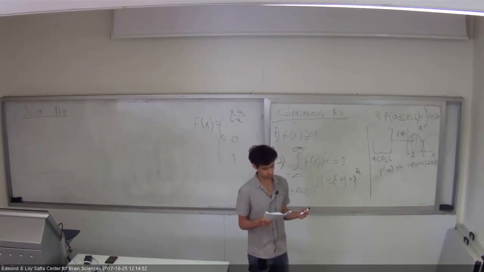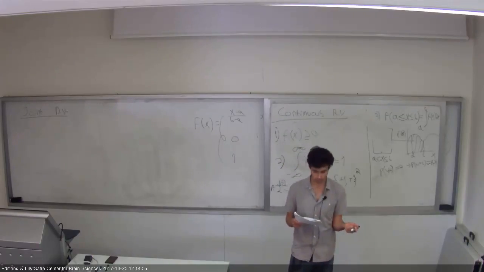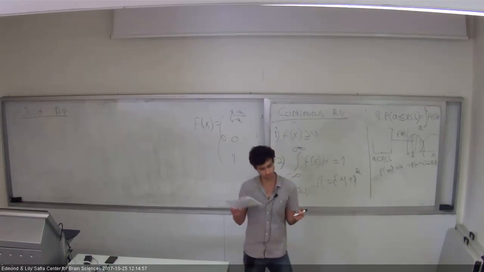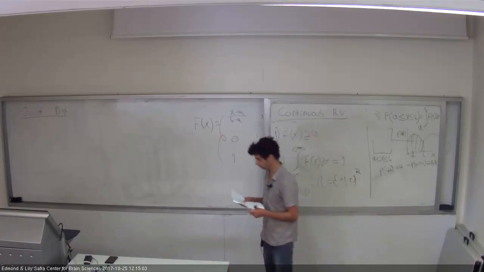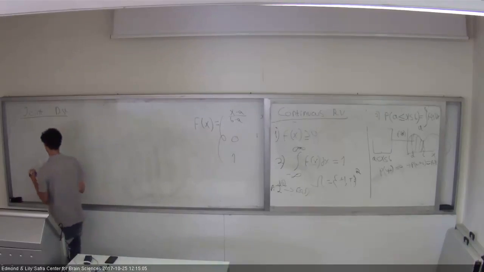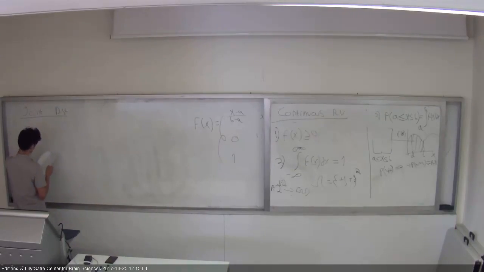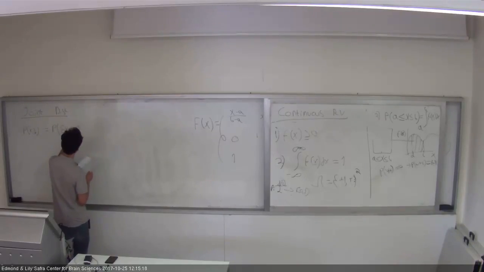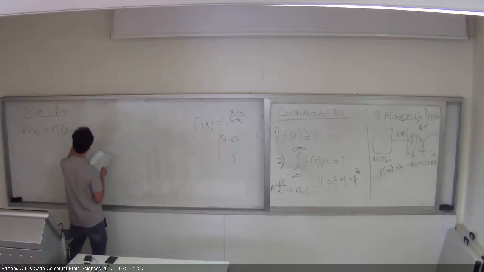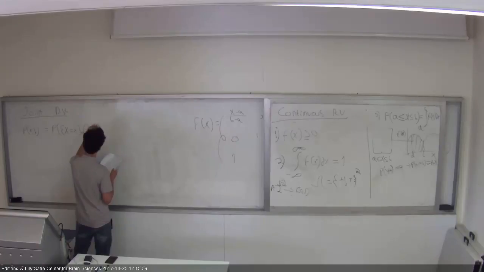That means what is the probability that this random variable gets some value and this random variable gets some other value. So the definition of the joint distribution is P of (x, y) is equal to P of big X is equal to the specific x, and the intersection of Y is equal to some y.